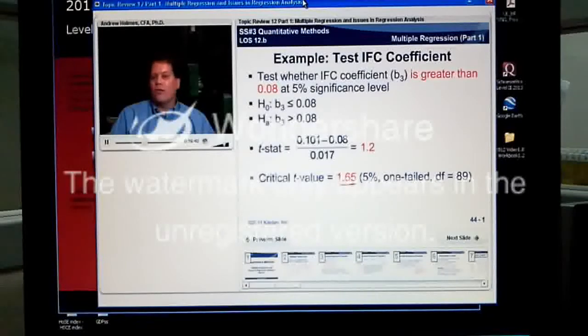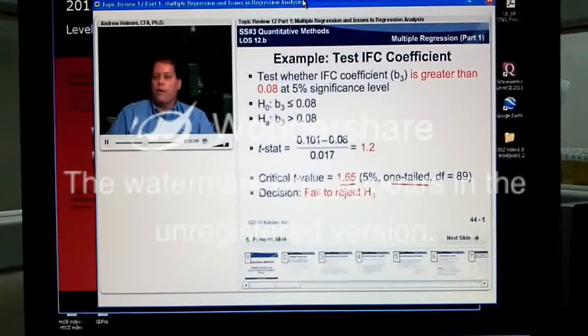Why? Because the critical value is 1.65, for a one-tailed test, of course, so we're not going to be able to reject the null hypothesis. We fail to reject the null, just like we talked about when we were reviewing hypothesis testing in the last reading. So anyway, that would be testing relative to something other than 0.